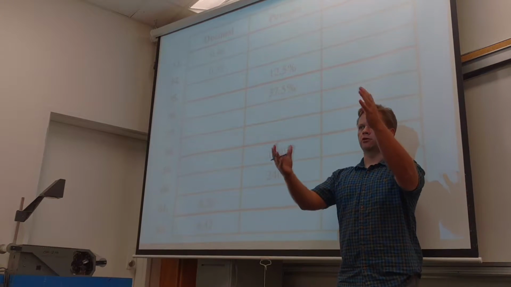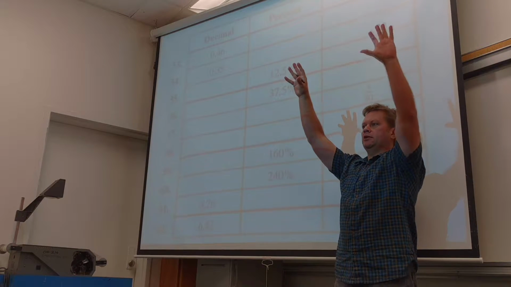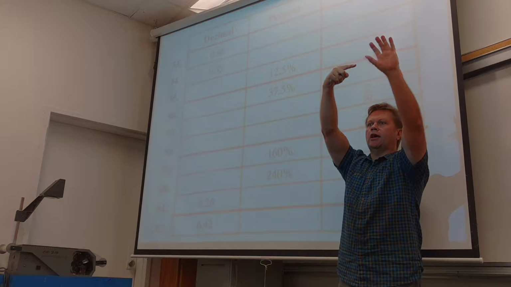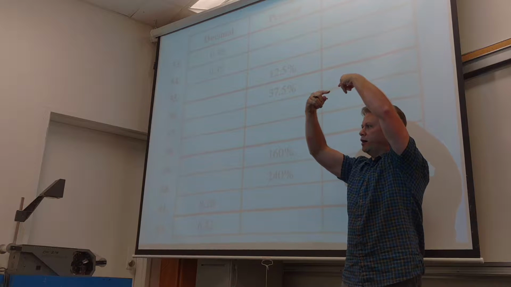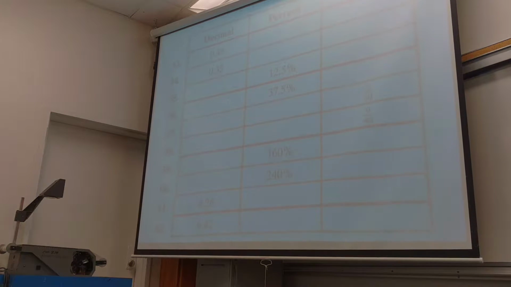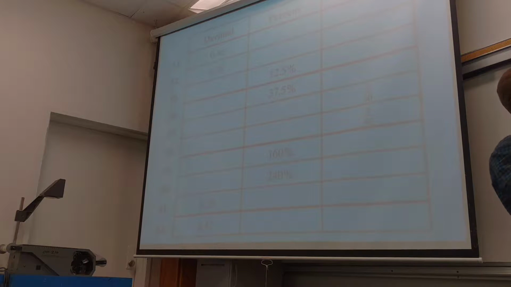And then I showed you that shortcut: if you write decimal and percent, you move the decimal that way or that way. So from yesterday, if I'm going from a decimal to a percent, 0.071, I move the decimal that way twice, because it's all based on 100.